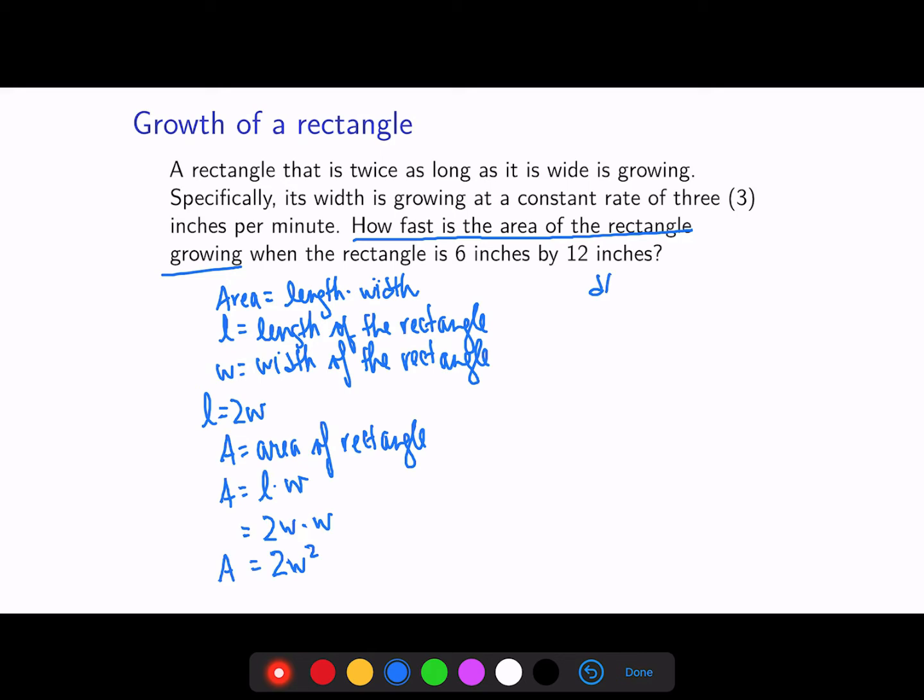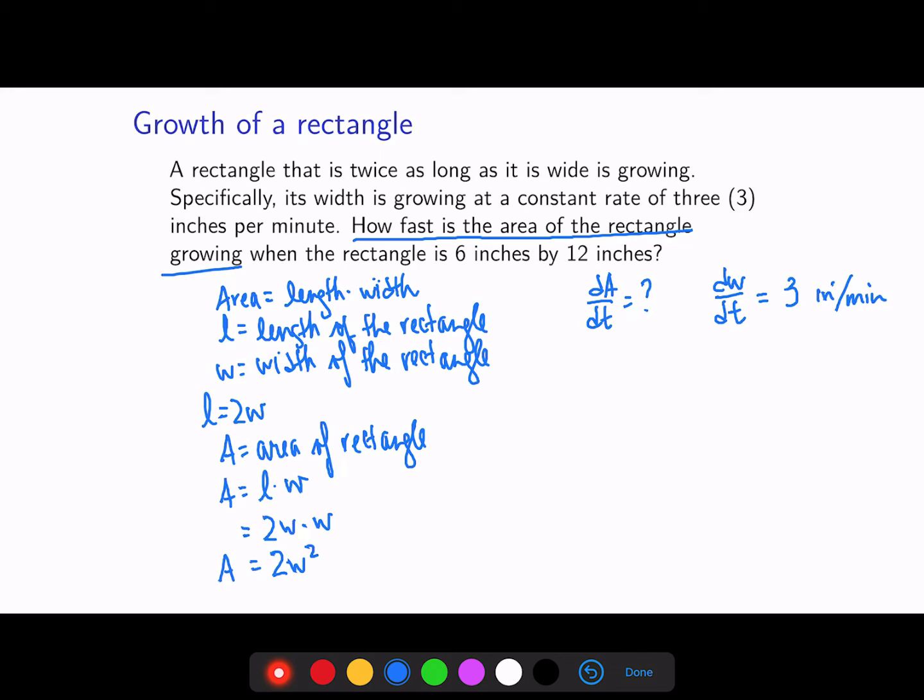So that's a question about what's the derivative of the area with respect to time. One thing we know is the width is growing at a constant rate of 3 inches per minute. So the rate of change of the width is 3 inches per minute.